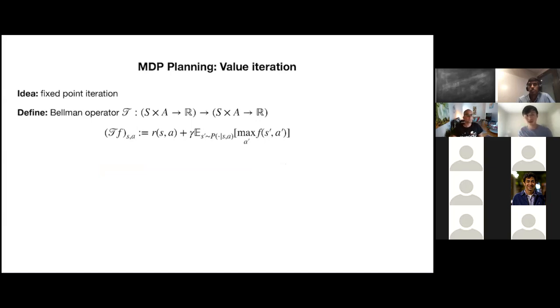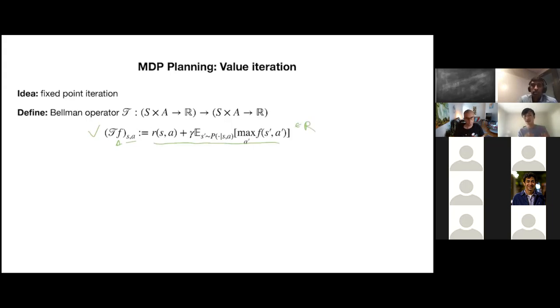This is going to be a fixed point iteration approach. Let's first define this Bellman operator. The Bellman operator is a mapping that maps from a function to a function. It takes this function as input, and after you apply the Bellman operator, you get back another function that maps from state action to a real. The new mapping is defined such that if you take a state action pair as input, this is the scalar that you're going to output.